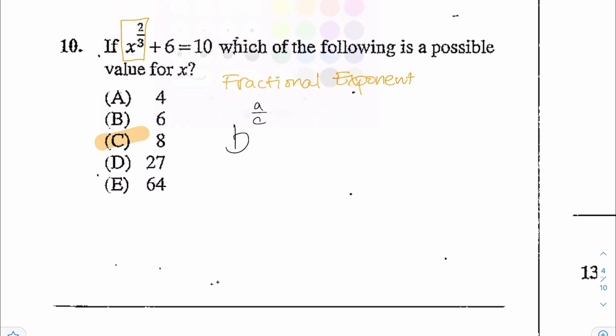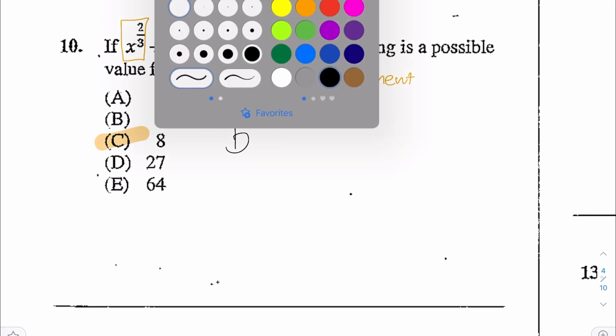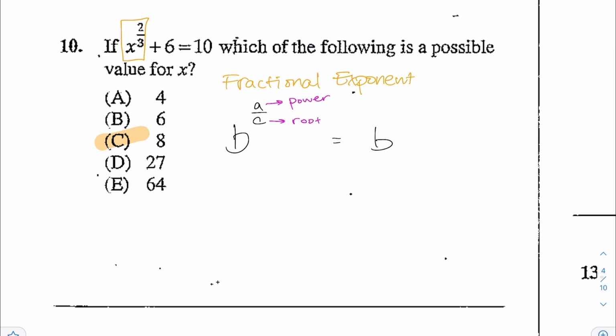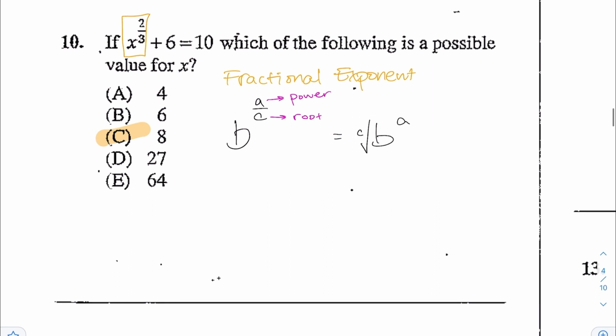The numerator is actually a power, and the denominator is a root. So b raised to the a over c can be rewritten as b to the a to the c root. Or you can also do the root first, the c root of b raised to the a power. So either one is fine.